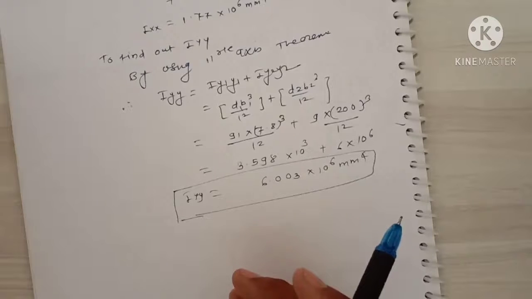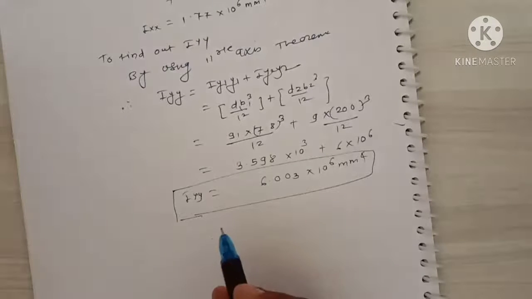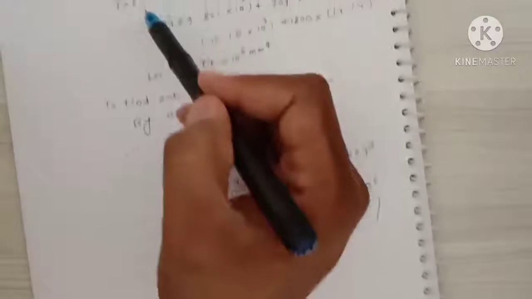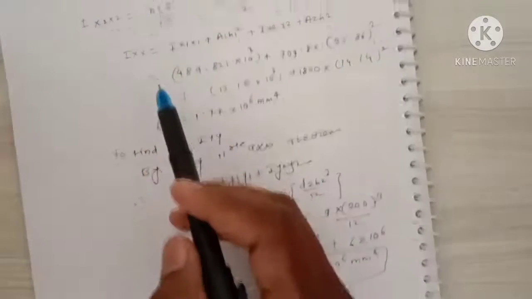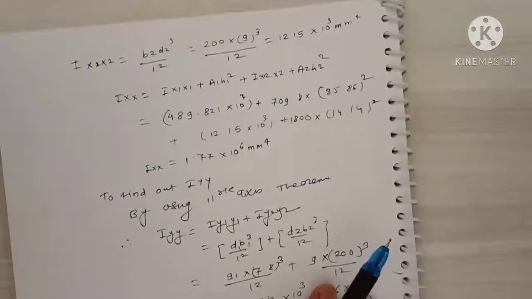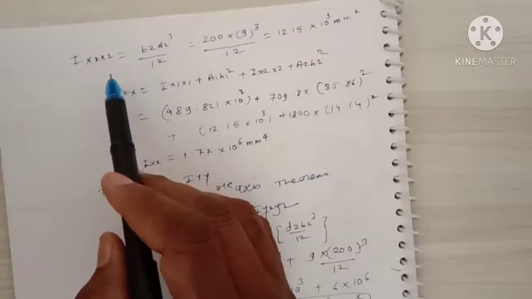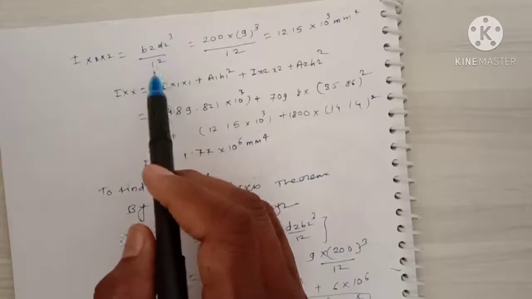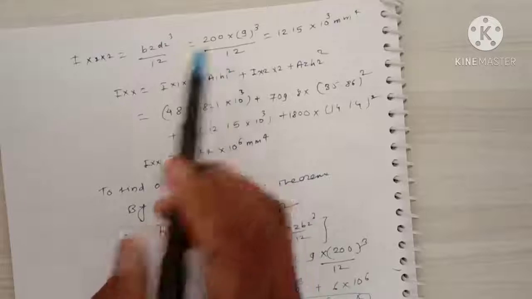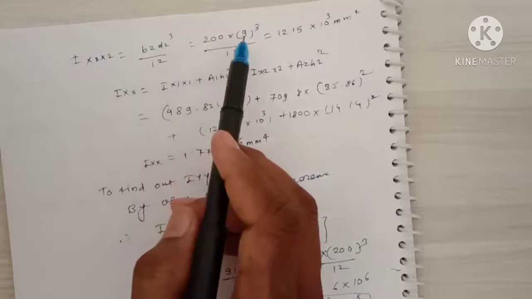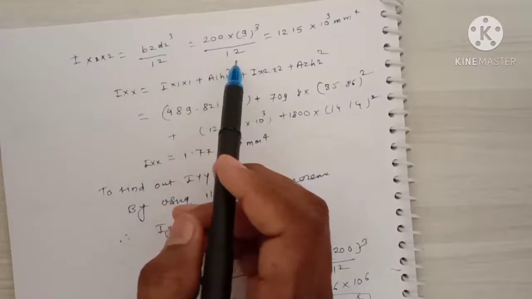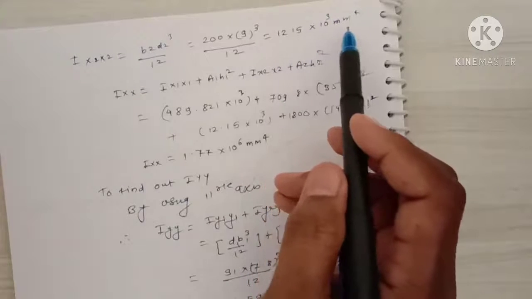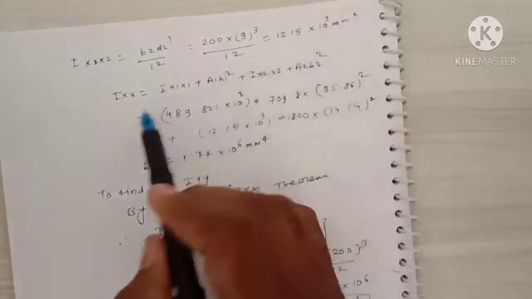Then in the initial stage, moment of inertia about the x-x axis for section 2, b2 d2 cube upon 12, is equal to 200 into 9 cube upon 12, which will be equal to 12.15 into 10 raised to 3 mm raised to 4.